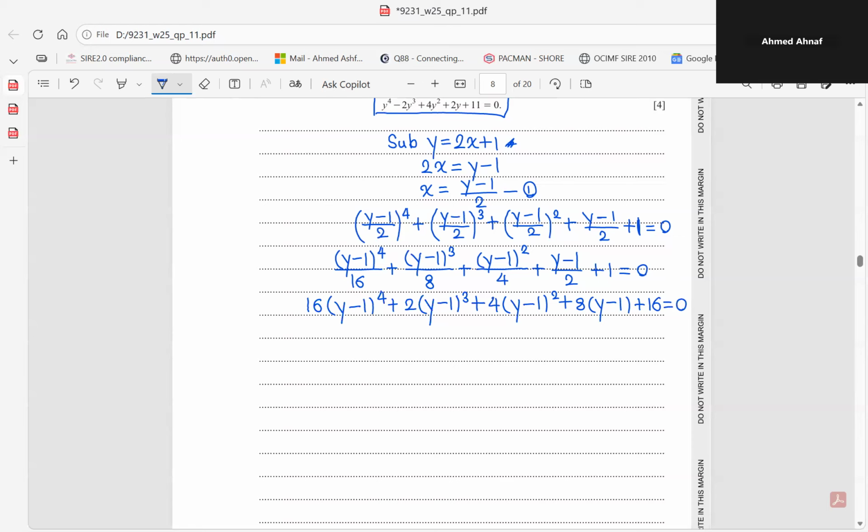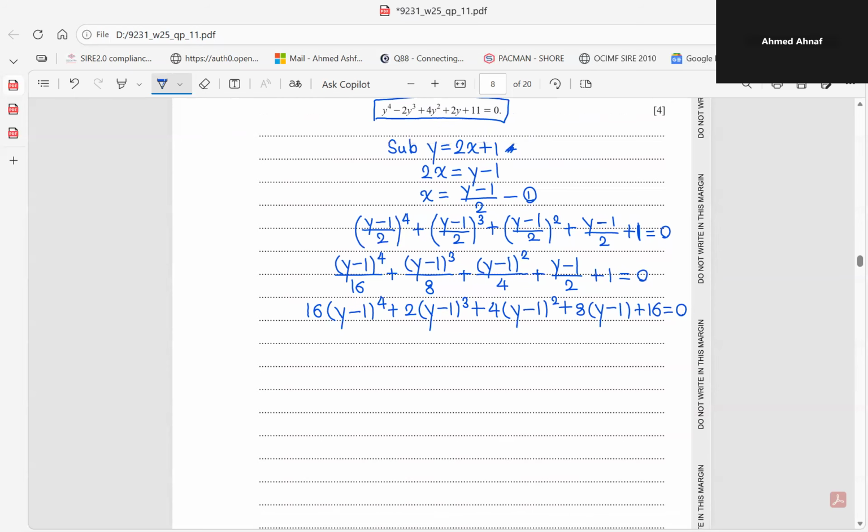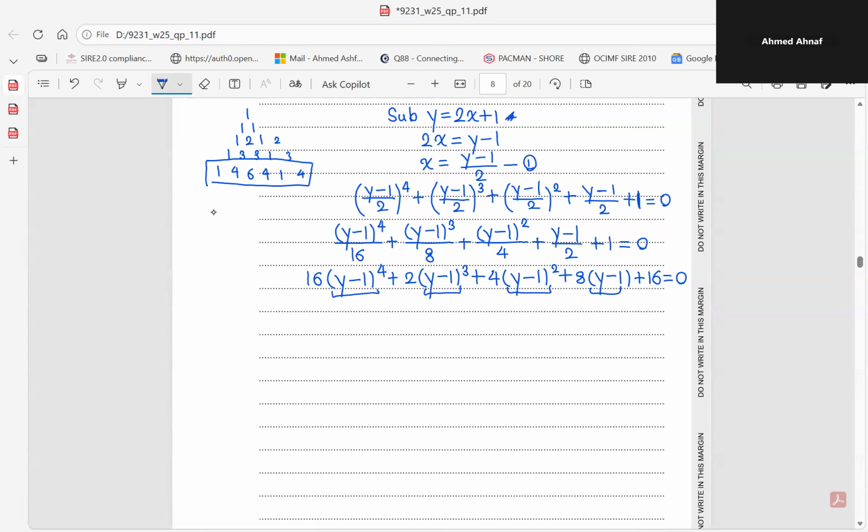Yeah, now we're going to have to expand out everything. To expand all these out, you can use Pascal's triangle. For the second power it is 1, 2, 1, for the third power it is 1, 3, 3, 1, and for the fourth power it is 1, 4, 6, 4, 1. Let's start off with the fourth power.